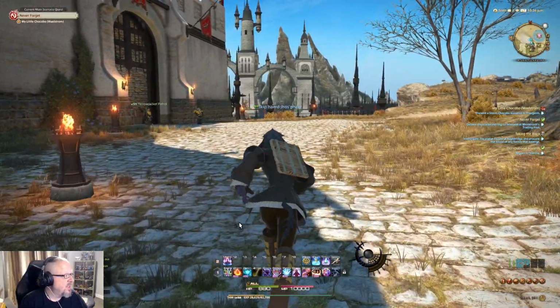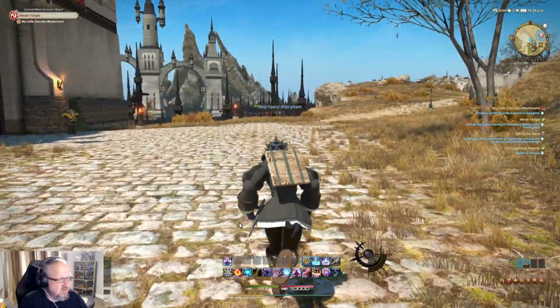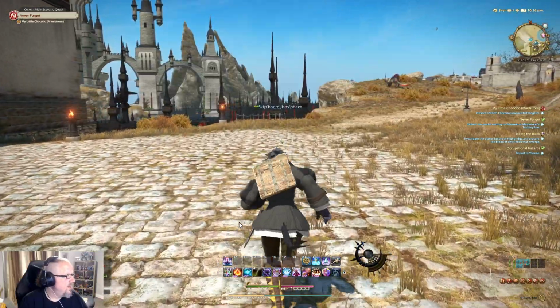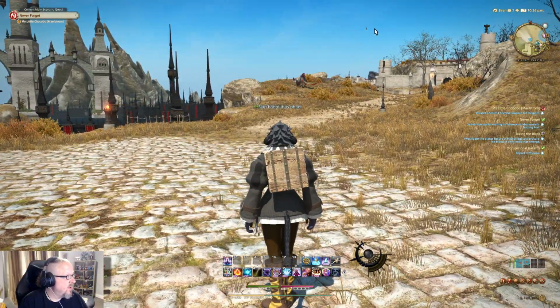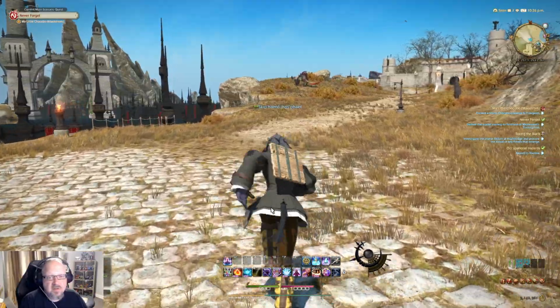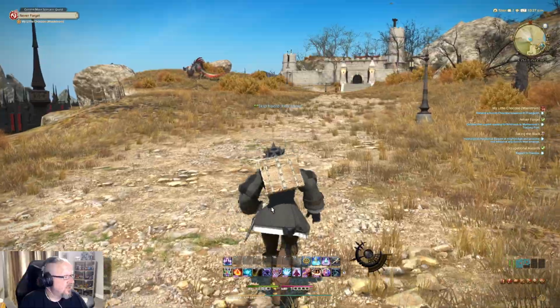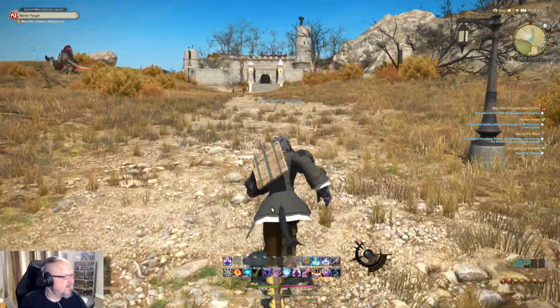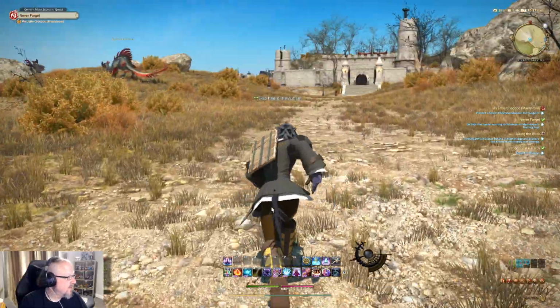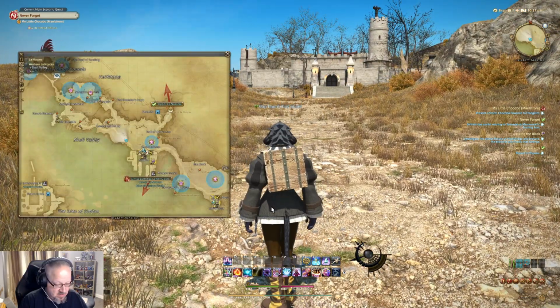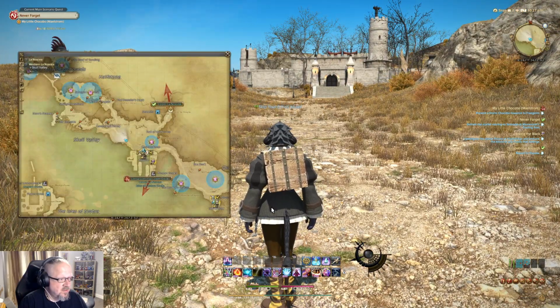I'm running because I don't have a chocobo, or any of the other wackadoo mounts that people up there have. Am I going the correct way? Yes, I am.